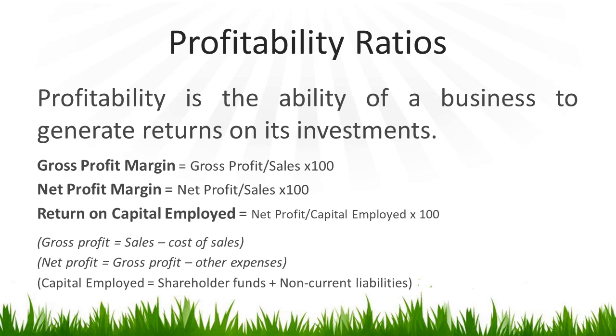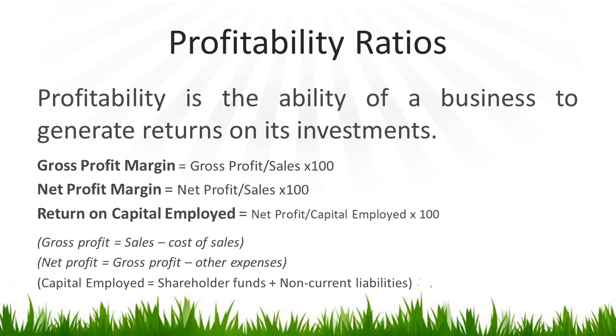The third ratio which we normally come across while talking about profitability or performance ratios is return on capital employed, ROCE. Return on capital employed is operating profit over capital employed into 100. Capital employed is sometimes calculated by adding non-current liabilities with shareholder funds, or it is sometimes called net assets, which means that if we take away current liabilities from total assets, we reach the same value.